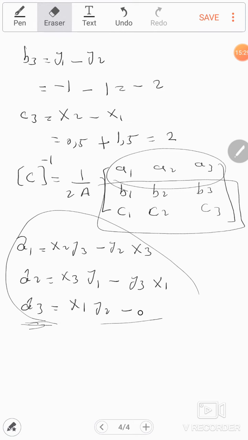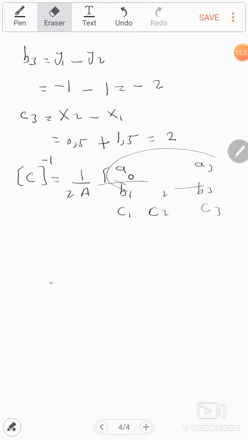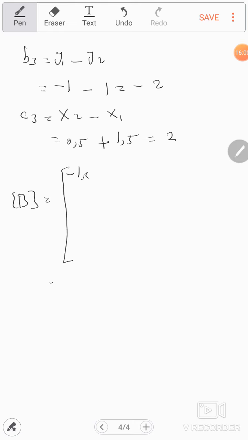So let's go back to our example. Now I already found all values of the B matrix, and we just substitute the values in the matrix. So the B matrix equals minus 1.5.